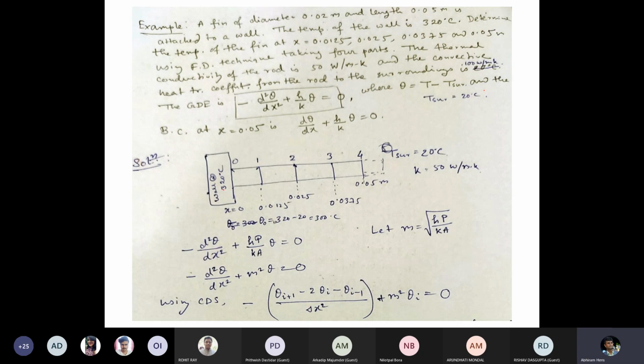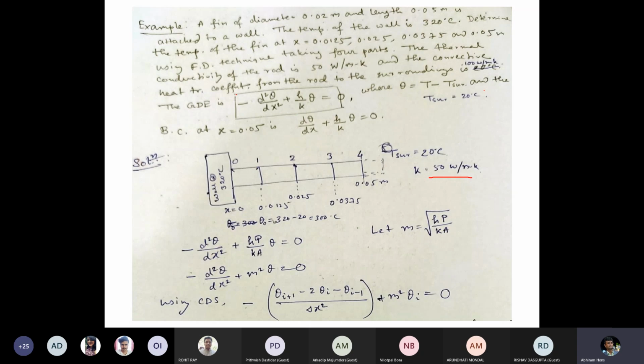Thermal conductivity is given as 50 watt per meter Kelvin. Now the question is that you need to find out the temperature distribution. So the boundary condition is given that at x equal to 0.5, the boundary condition is like this: d theta by dx plus h by k into theta will be equal to 0.